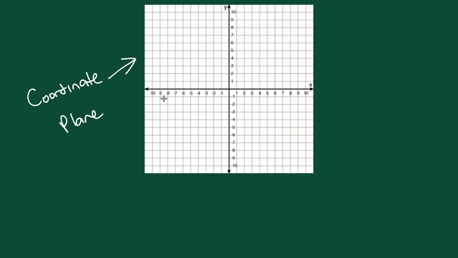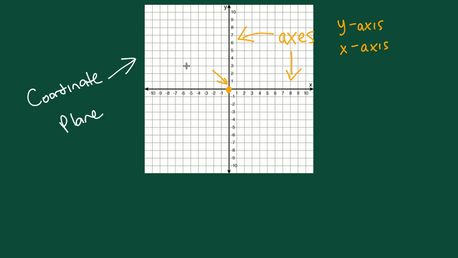Alright, so this is a coordinate plane. There are some features that we should name on this plane. First of all, we have axes. You have a y-axis and you have an x-axis. So a coordinate plane is going to have two axes. We have this spot right here in the very center.